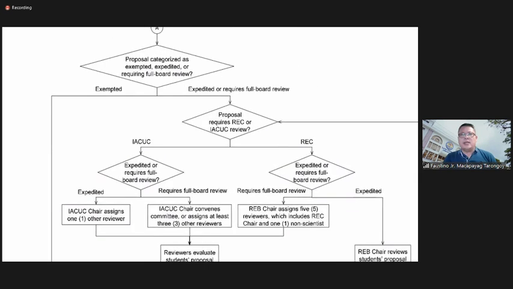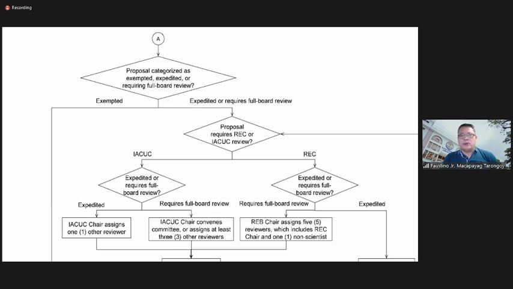If your paper or proposal is assessed as either expedited or full board review, that is because there is minimal risk or greater than minimal risk involved, and it involves direct participation of human participants, then they are usually determined as either expedited or full board review.